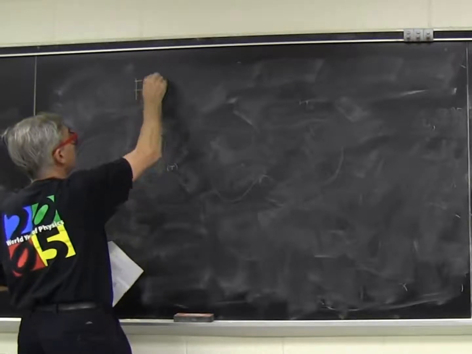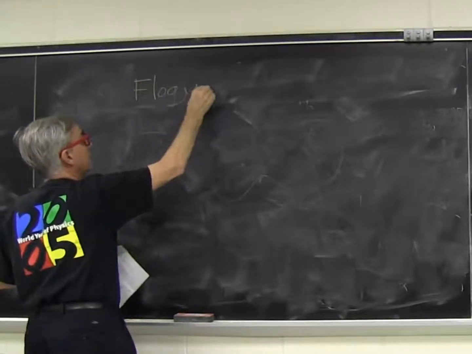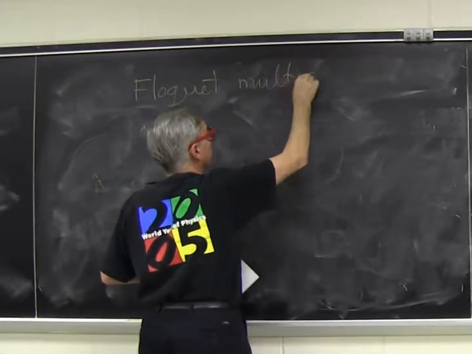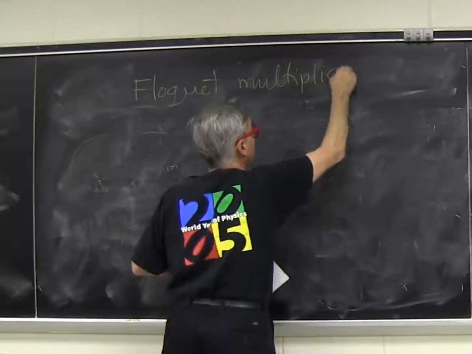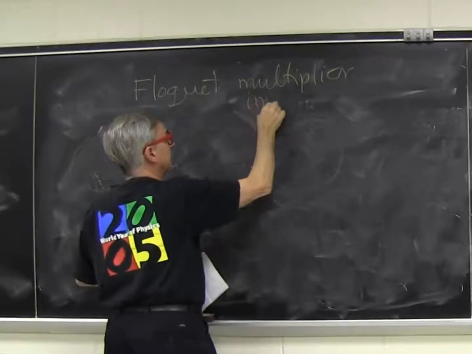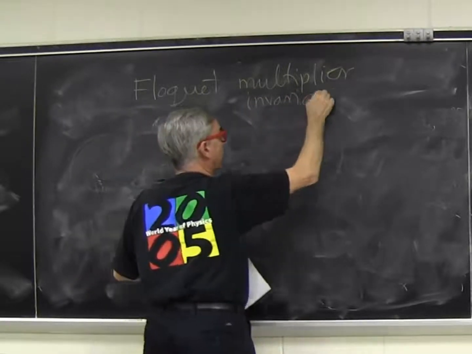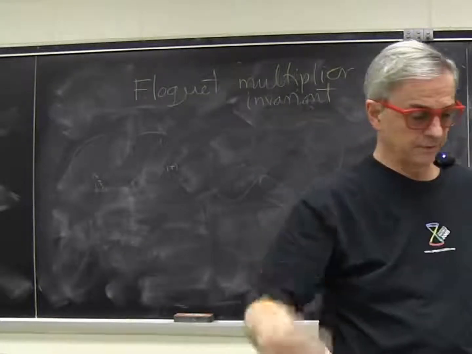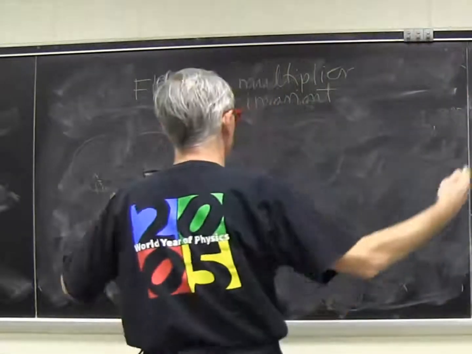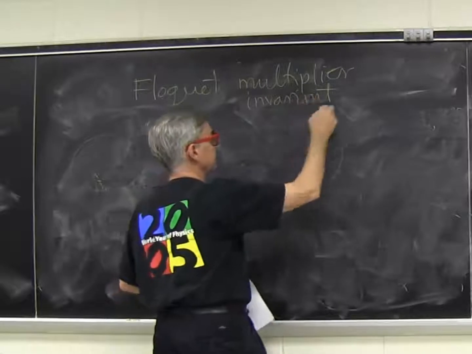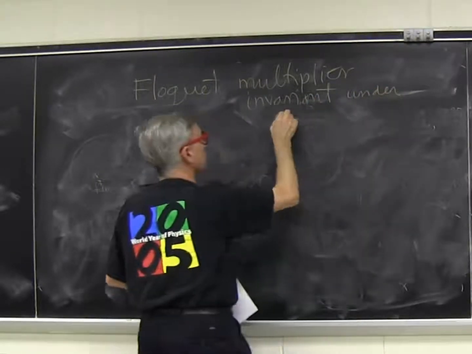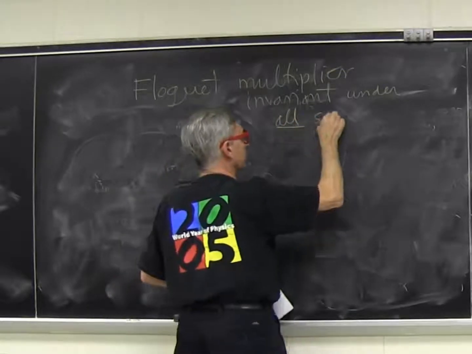So, okay, multipliers are invariant under a huge group of transformations, which is the general group of transformations of general relativity, under all smooth conjugacies.